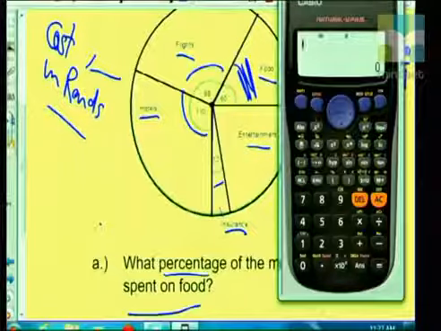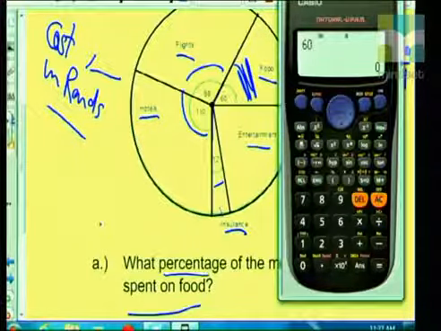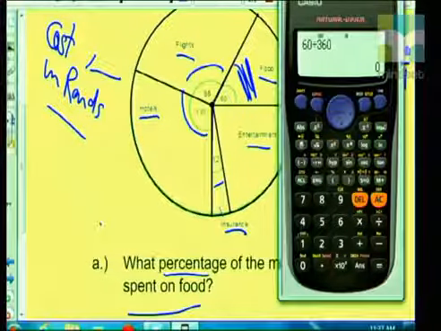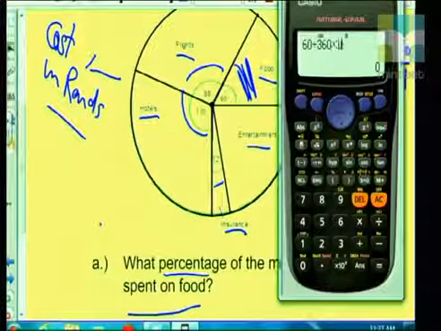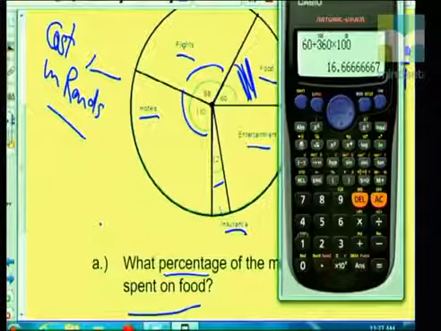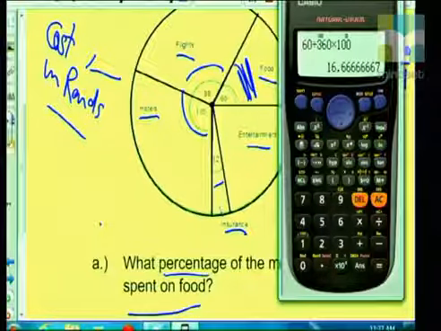Again, please notice, it doesn't tell me the amount of money that I'm spending. Let's do the calculation. Right, we have 60 divided by 360 multiplied by 100. That is equal to 16,6666.